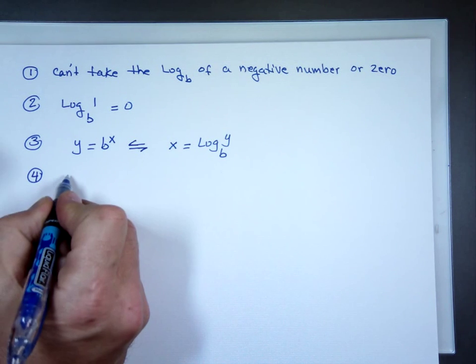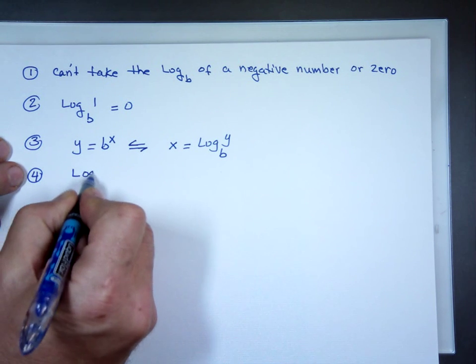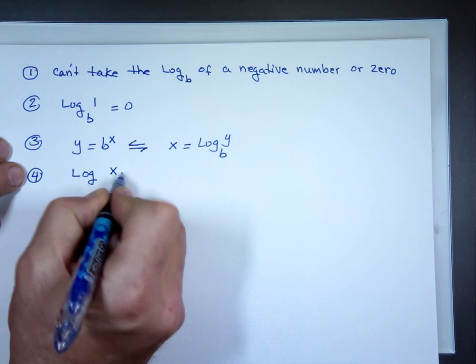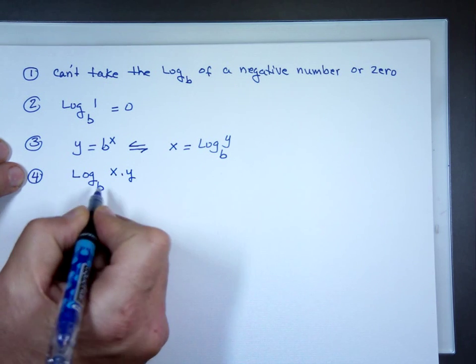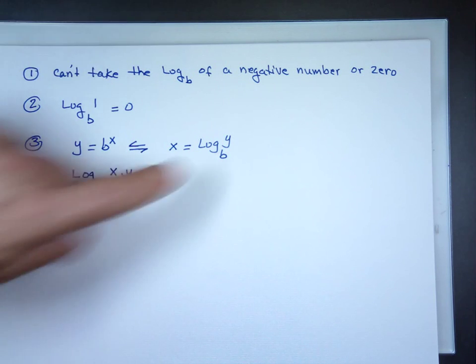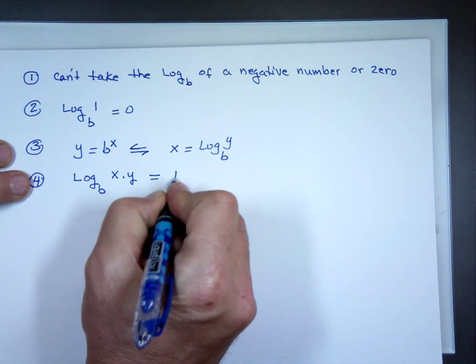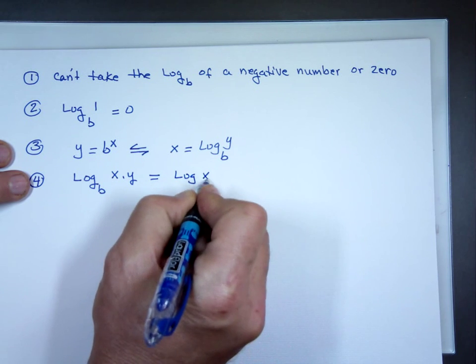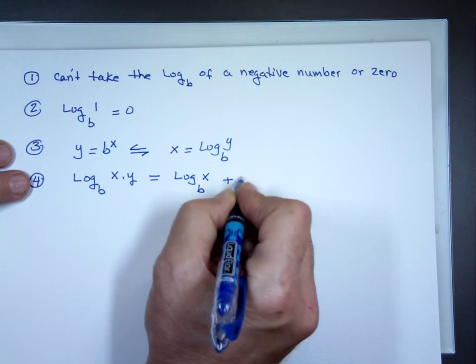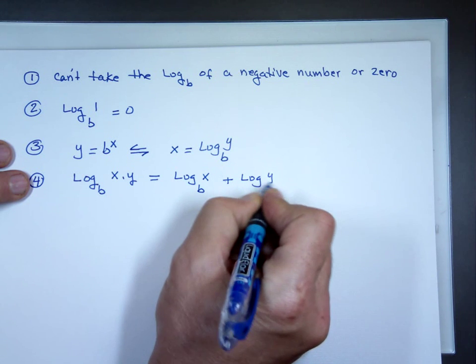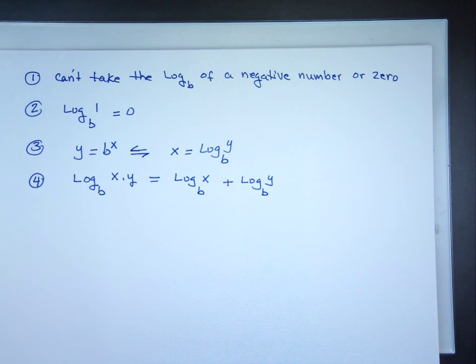Rule number 4 says the log of x times y base b, since the log is nothing more than an exponential function, I should be able to add them. That's the log of x base b plus the log of y base b. I'm going to list all the rules first, then we'll play with them.